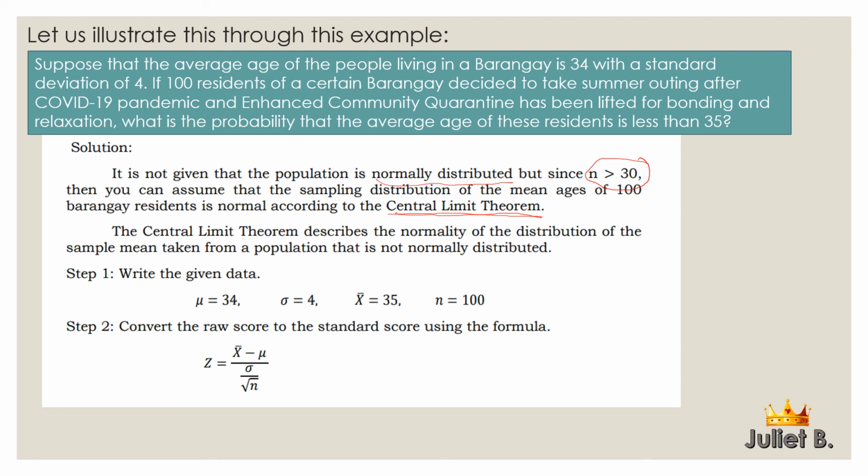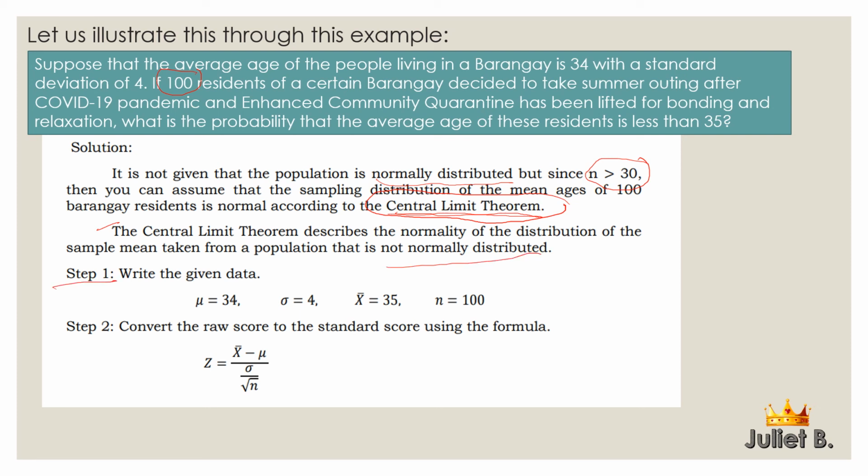But since the sample size is given, which is equal to 100, using the concept of the central limit theorem, we can say that the mean ages of 100 barangay residents is normally distributed. The central limit theorem describes the normality of the distribution of the sample mean taken from a population that is not normally distributed.